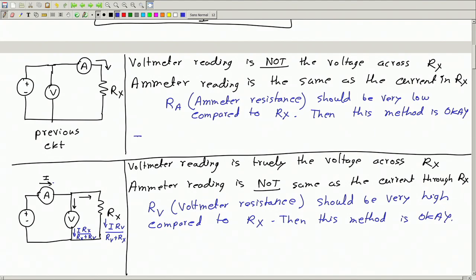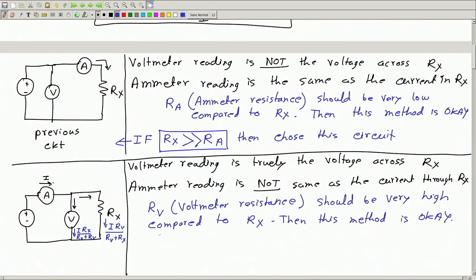So if Rx is much higher than Ra, then choose this circuit. Because then the voltage drop across the ammeter is much lower compared to the voltage drop across this resistance.